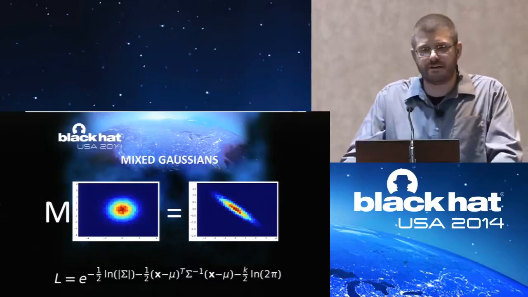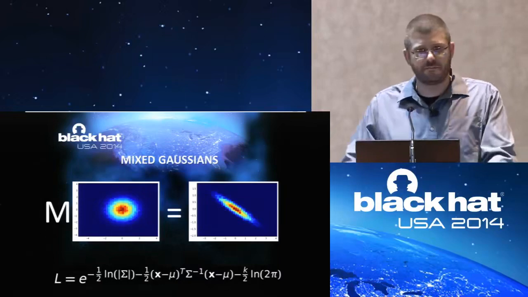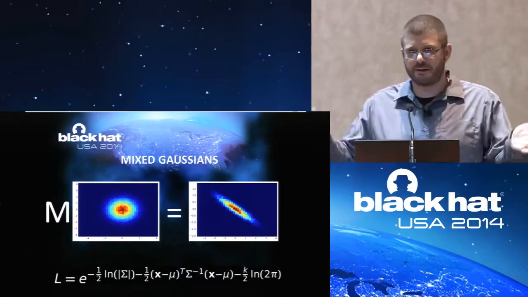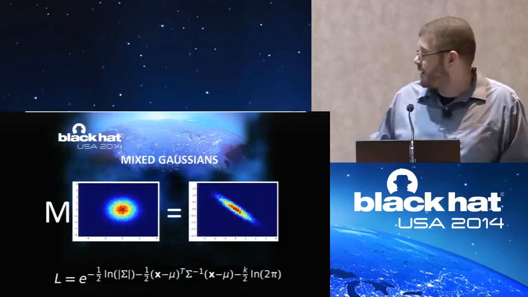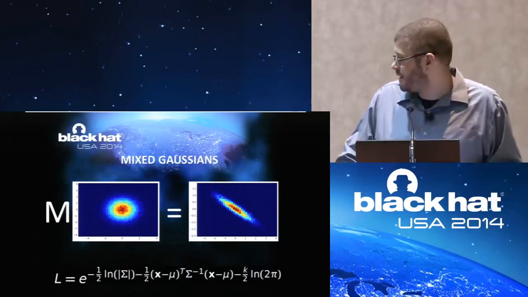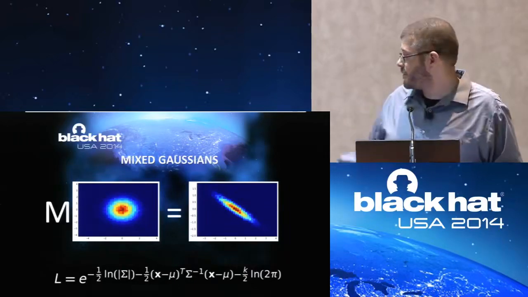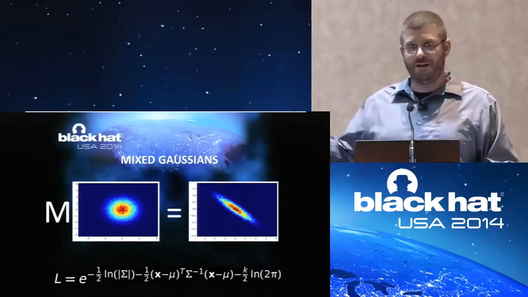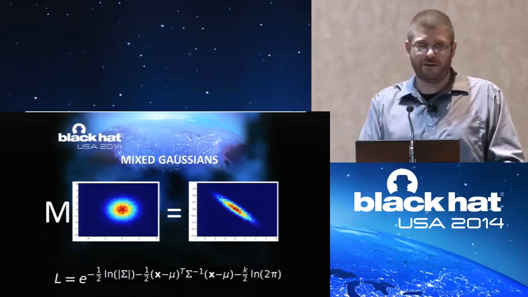A mixed Gaussian is simply a disk that has been rotated, stretched, rotated some more, and so on. If you assume your data comes from some mixed Gaussian, you can use this nifty little equation down at the bottom, which we don't really have time to dive into, but if you Wikipedia it, you can find it. It's called the likelihood.